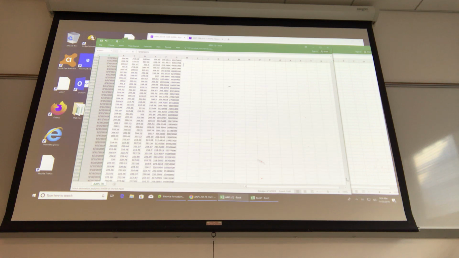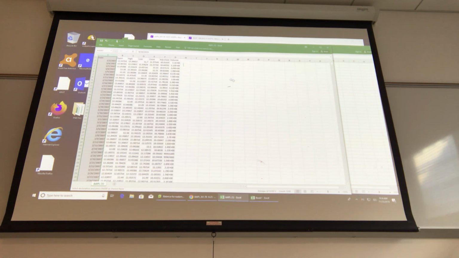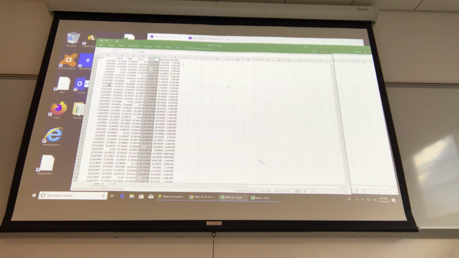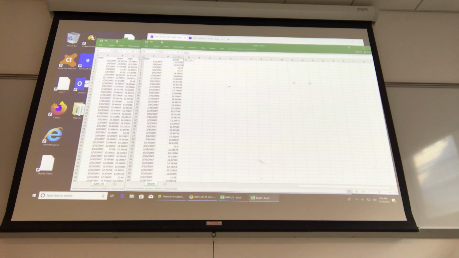And then I will go to say what is the price. I take the closing price. I copy it. I go to another part and I paste it. This particular is from Apple. I say this is the Apple price.